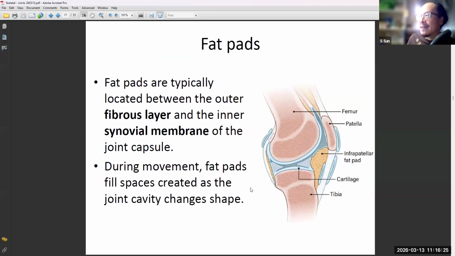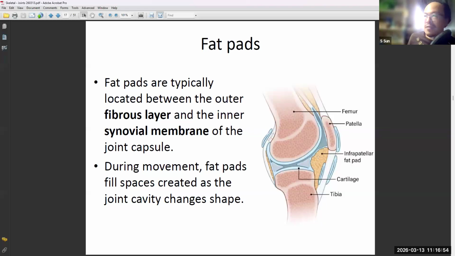In addition to that, we also have some other small pieces. We don't usually have those in every synovial joint, but for the larger synovial joints, we may see them. One thing is called fat pads. Fat pads are located between the outer fibrous layer and the inner synovial membrane.